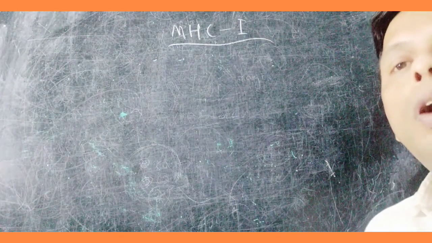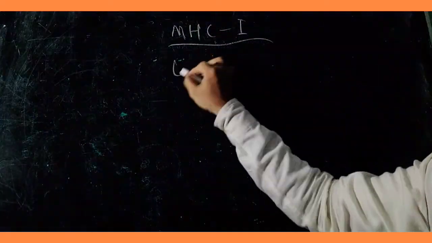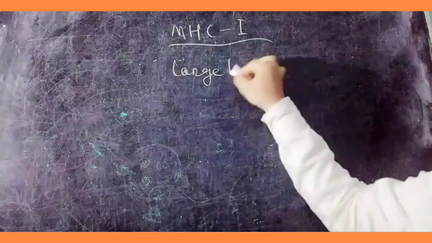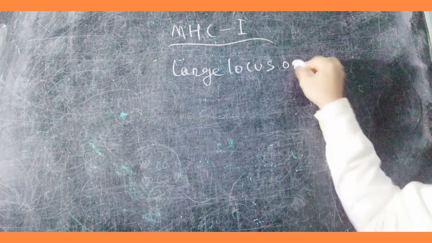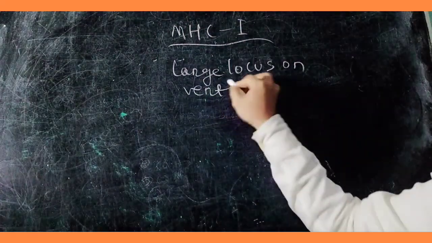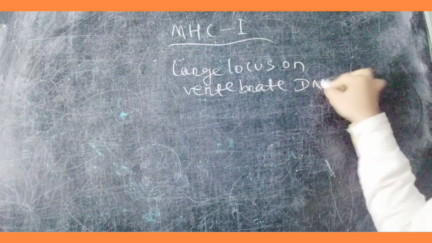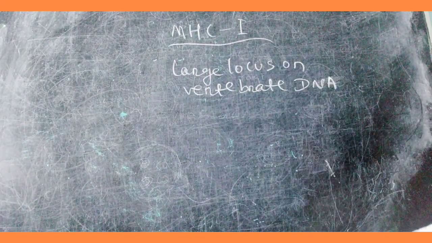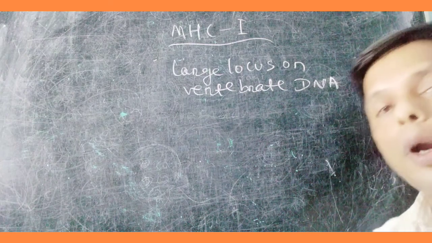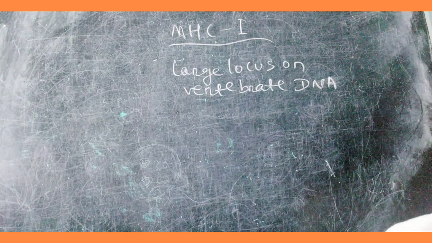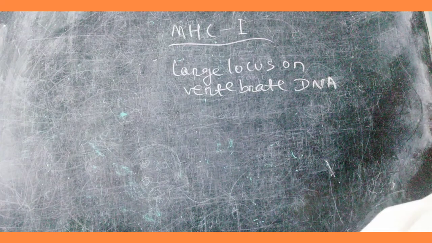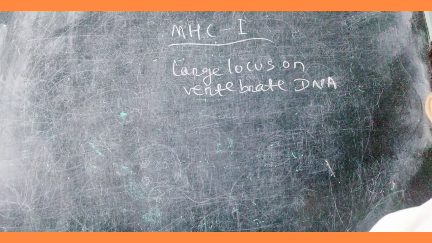Specifically, this MHC is formed by a large locus on vertebrate DNA. That means MHC1 is only produced by nucleated cells. These are polymorphic genes. Why are these polymorphic?